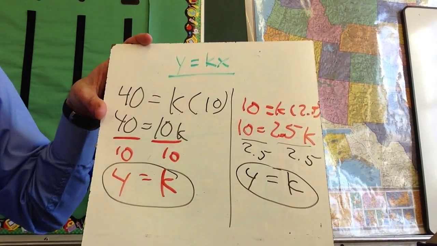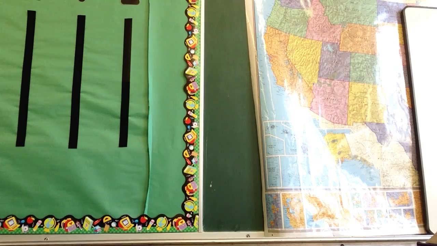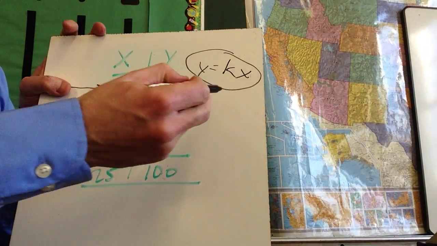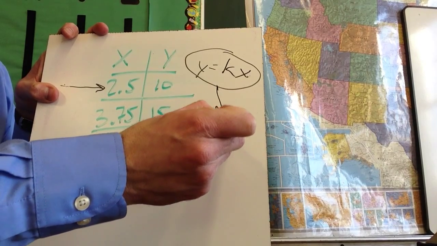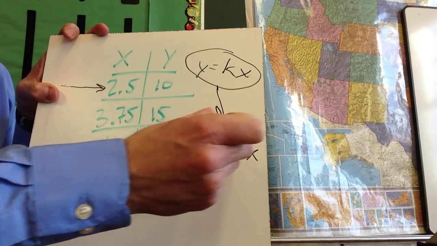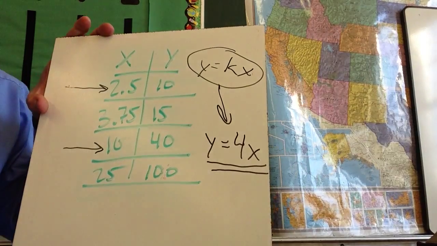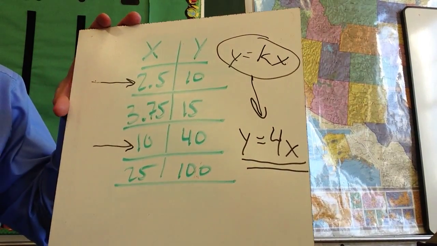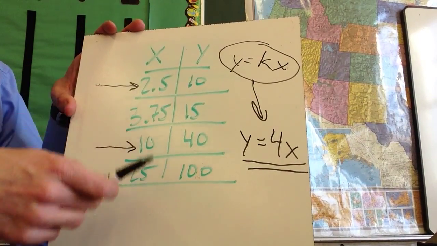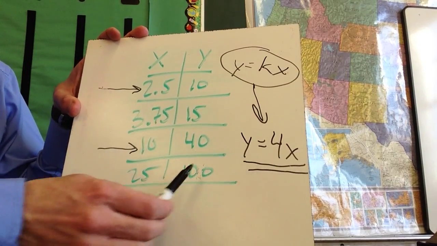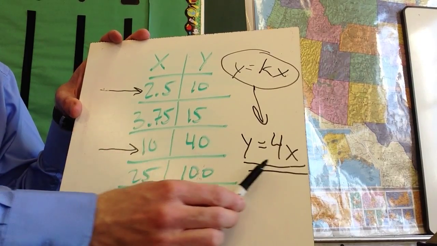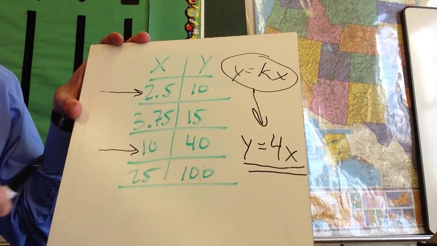So as I come back to the first, now I know the formula. Because I know that as long as I take x and I multiply it by 4, this is the formula for anything along here. And if I wanted to, right, I could go 25 times 4 equals 100. 3.75 times 4 equals 15.